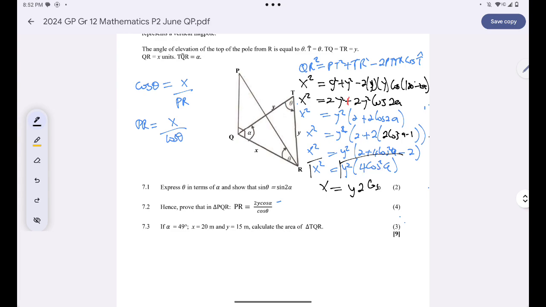And then I'll have cos a, which can be written as 2y cos a. So whenever I see x there, I must put this thing out together. So I'll simply say PR is equal to 2y cos a, all over cos theta. Out together. Now I've proven that PR can be written as this. For 4 marks, the y.